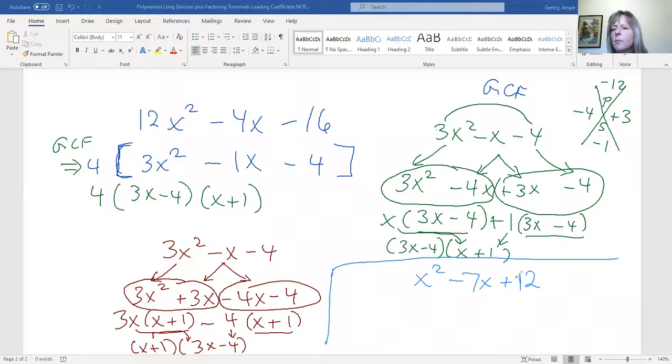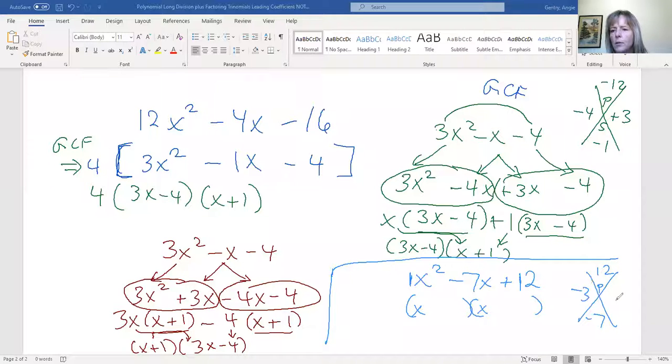Okay, so if you have something like this, I call this in class a simple trinomial because the leader is technically a 1. On those kind, I tell students don't do this. You can do over the top and go a long way. But what you can do is just open, close, because x times x is x squared. You still have a product. In this case, it's just that 12 there. And you have a sum of negative 7.